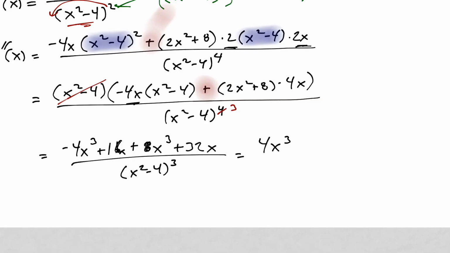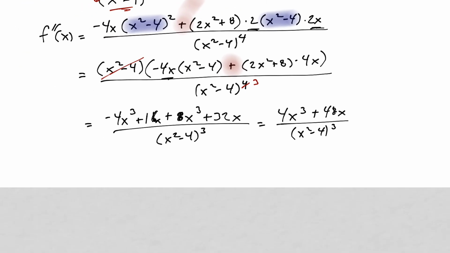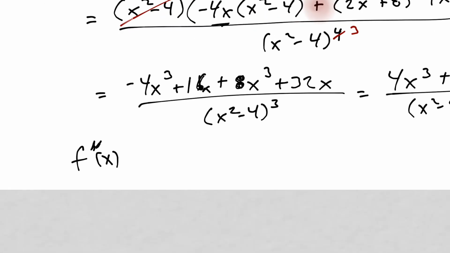And then positive 16x and positive 32x becomes 48x divided by x squared minus 4 cubed. So the second derivative does not exist for the same 2 points. So the second derivative does not exist when x equals 2 or negative 2.